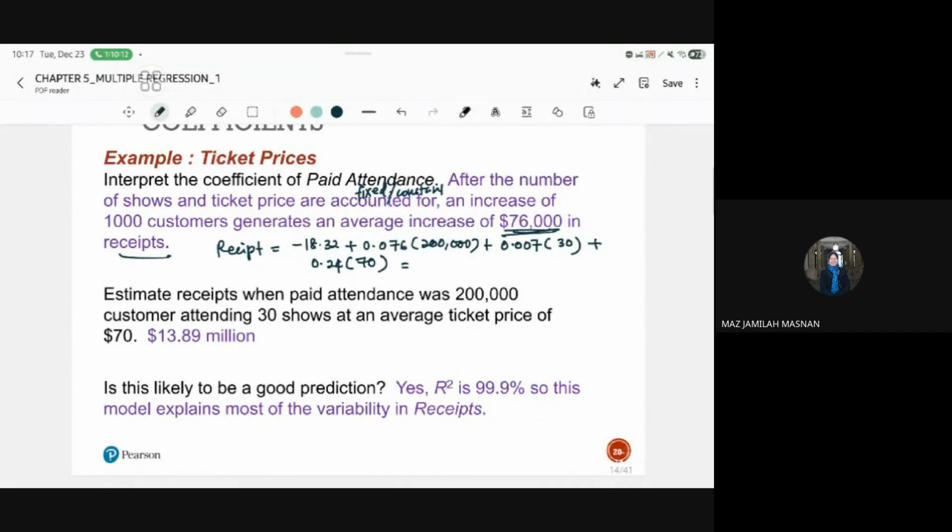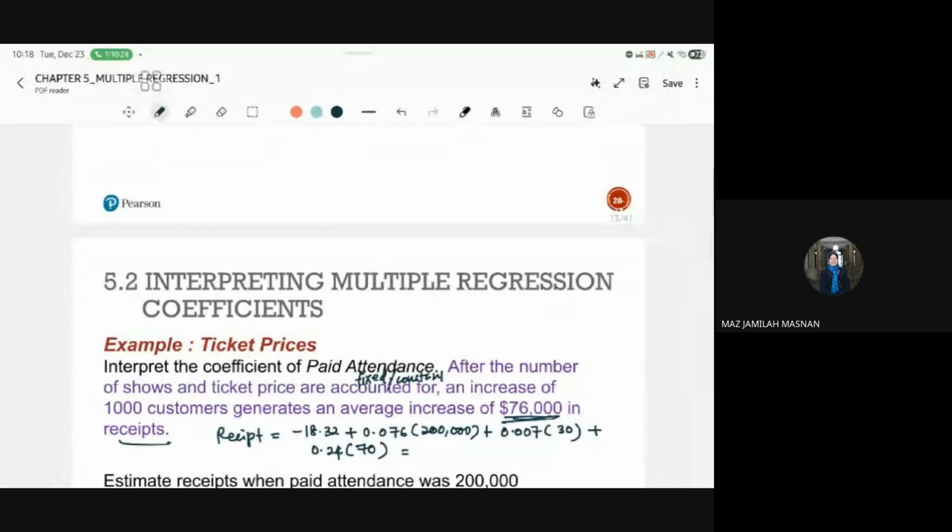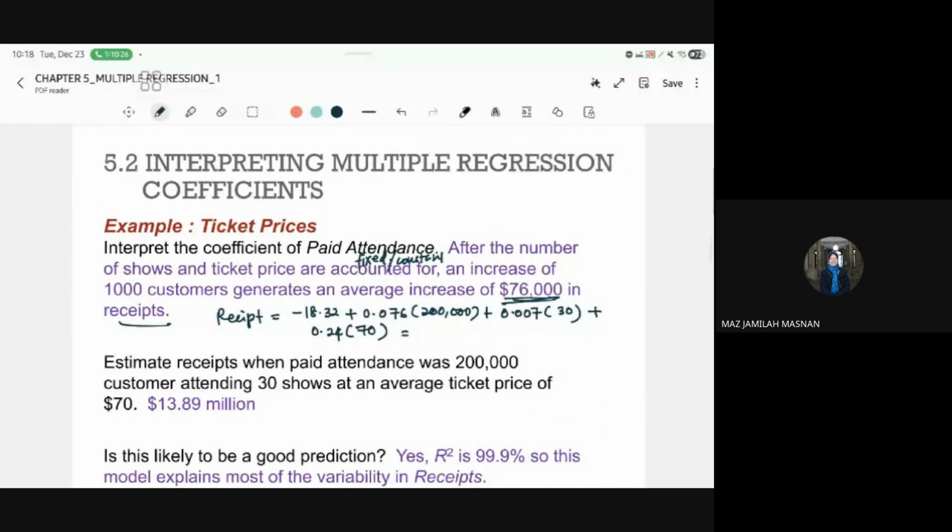Okay, can you calculate that, class? What do you get? I get other than 13.89 million, so I need to check with you. If it is incorrect, I would like to make a correction to the course coordinator.